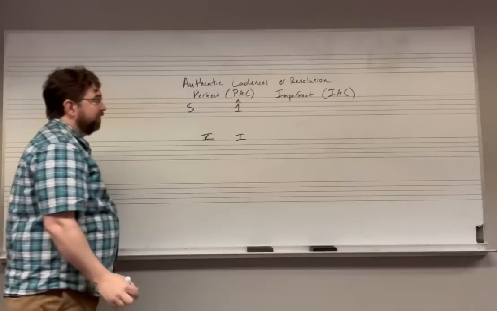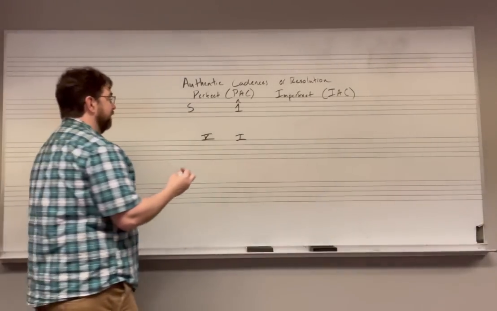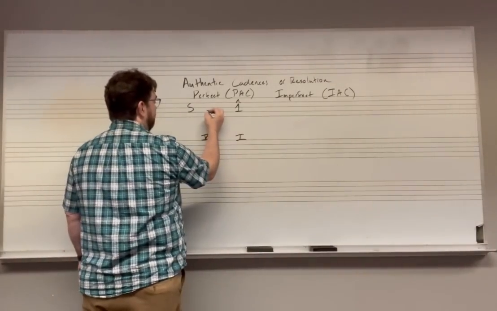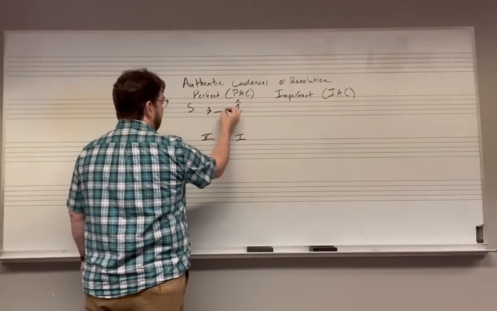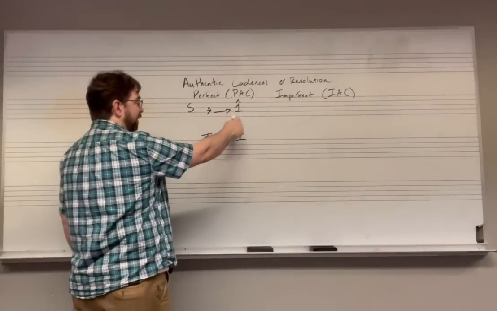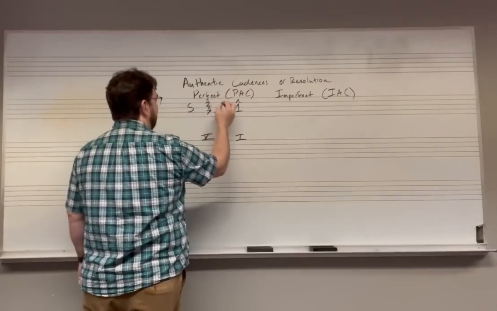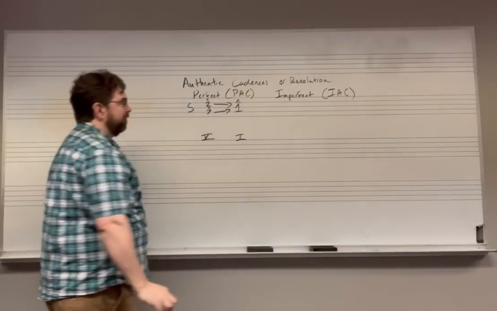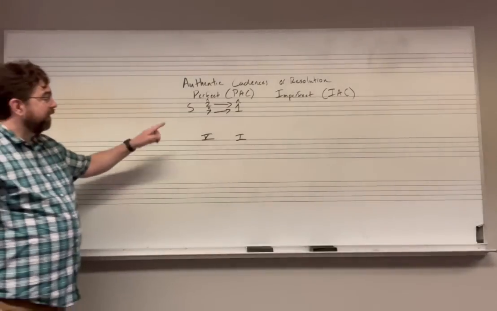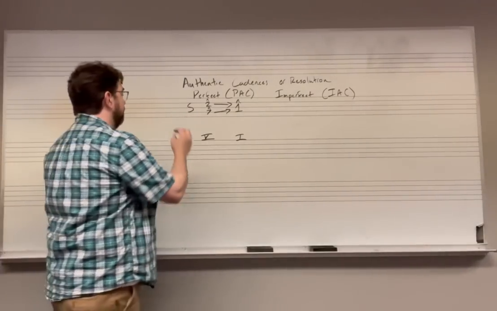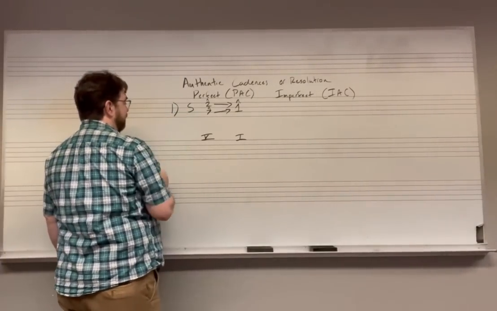Now, typically, scale degree 1 can be approached in two ways. You can approach it from below by going from scale degree 7, the leading tone, up to scale degree 1, or less commonly, you can approach it from above, scale degree 2 comes down to scale degree 1. That is requirement number 1 for a perfect authentic cadence.